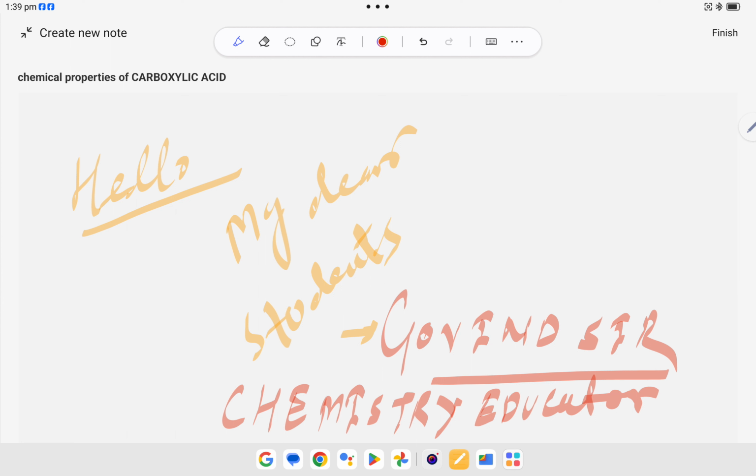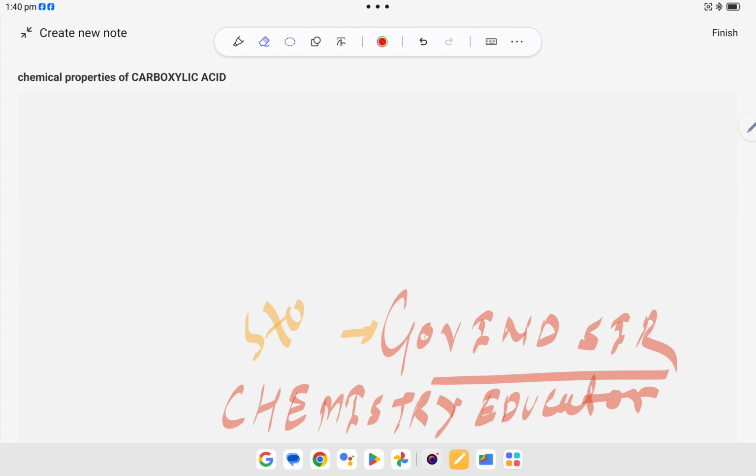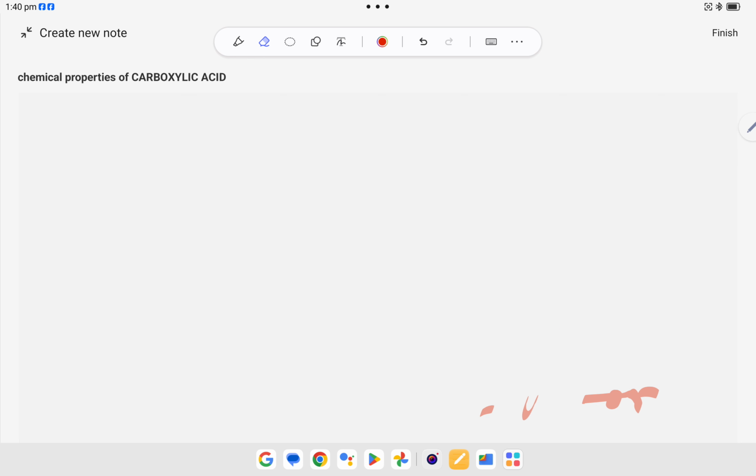In the last lecture, we completed the acidic nature of carboxylic acid. Now the next chemical property we are going to discuss is esterification.